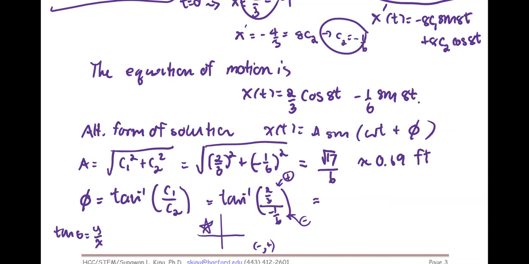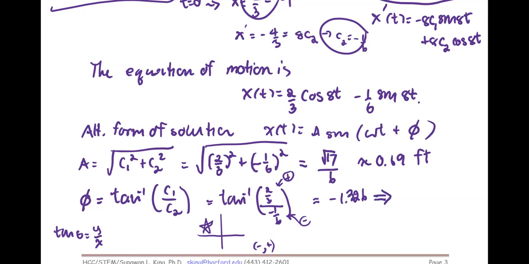So the phi that you get from the calculator is negative 1.326, I believe. You can verify this number later. If you get a different number, let me know.